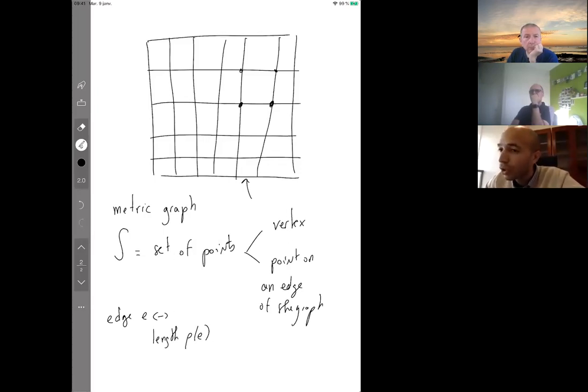Okay, and so now what I'm going to do is look at the Brownian motion on this metric graph. So I will look at a Brownian motion which travels along the edges of this graph. And I want to kill my Brownian motion somewhere, so I can just add a point, V0, and I suppose that my Brownian motion is killed when it hits V0.